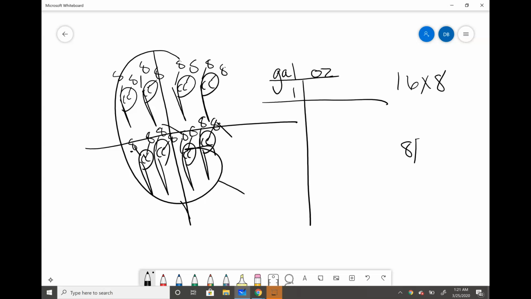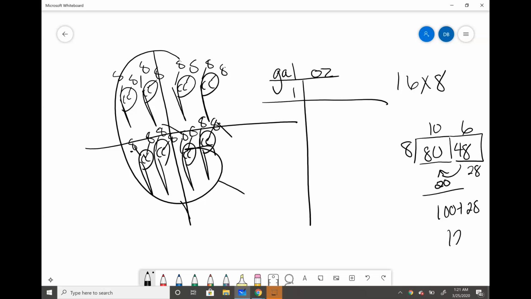You can use the box method: 8 times 10 and 8 times 6. 80 and 48. Give 20 to the 80, leaving 28. That would be 100 plus 28, 128 fluid ounces. So 1 gallon is the same as 128 fluid ounces.